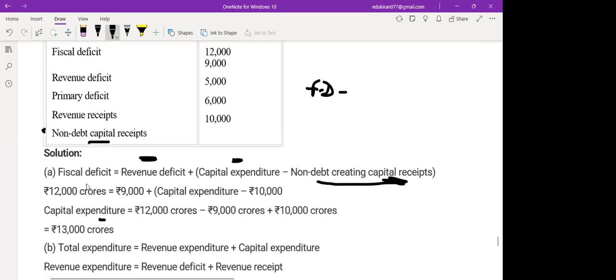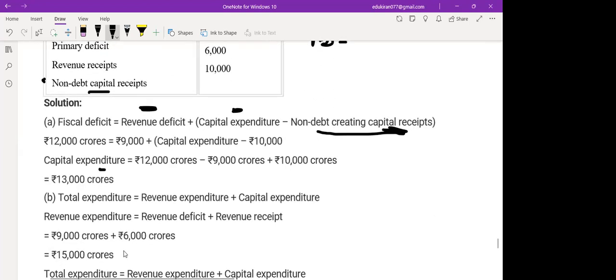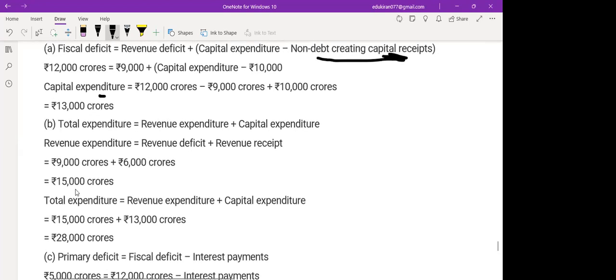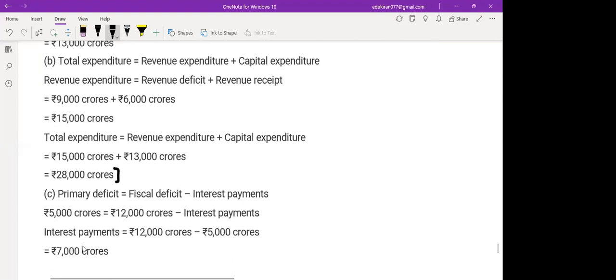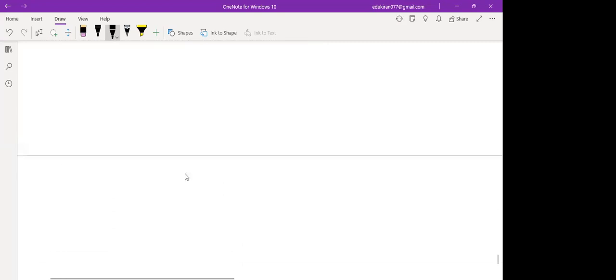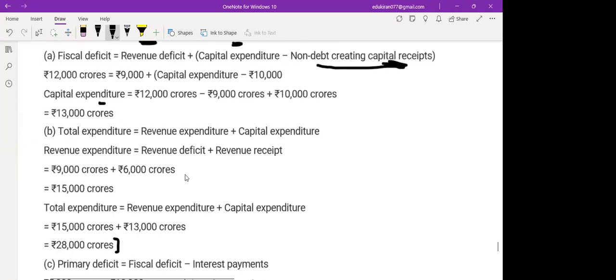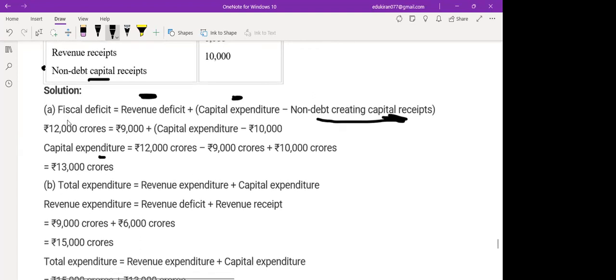So who got total expenditure? What is your total expenditure? 15,000 or not? Okay, total expenditure is this 28,000 crore. Primary deficit is 7,000 crores. Okay, so now you will quickly write down the first part. Then we will move to the next questions.